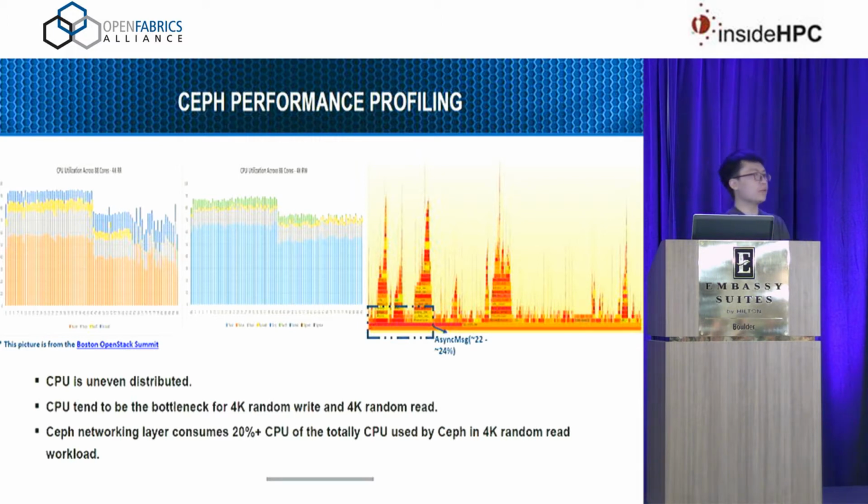The async messenger consumes about 50% of all the CPU used by Ceph. So in this case, the networking component in Ceph tends to be the bottleneck. After all, async messenger is welcome, but we have to rethink what we can do to reduce the CPU utilization and leverage the spare CPU to get higher performance in Ceph.